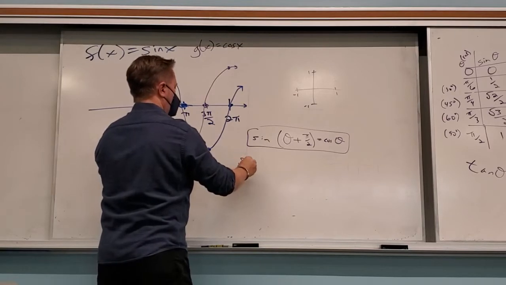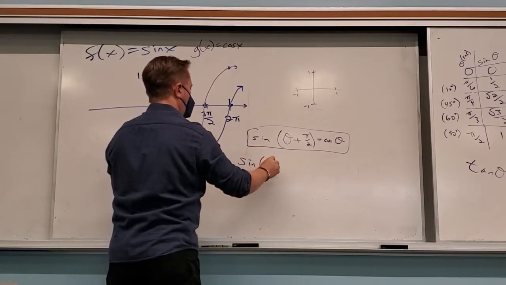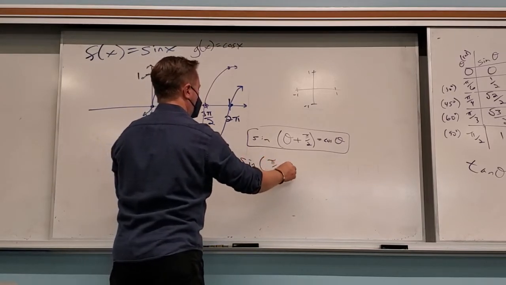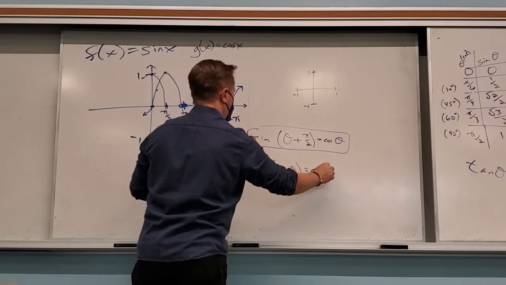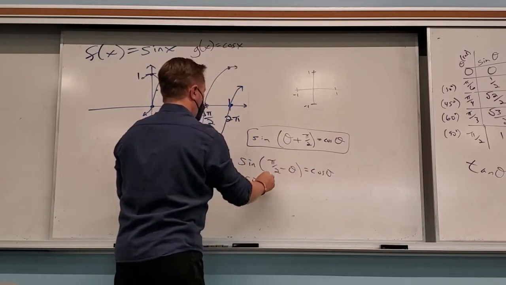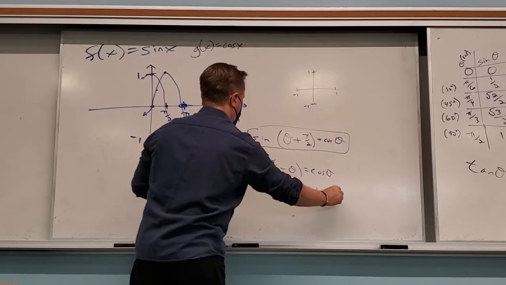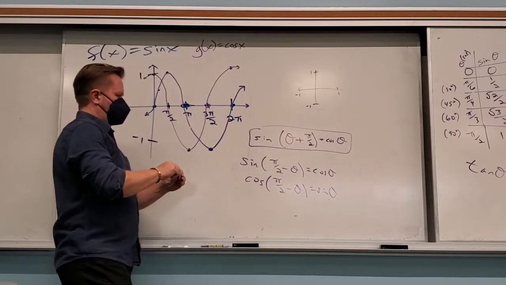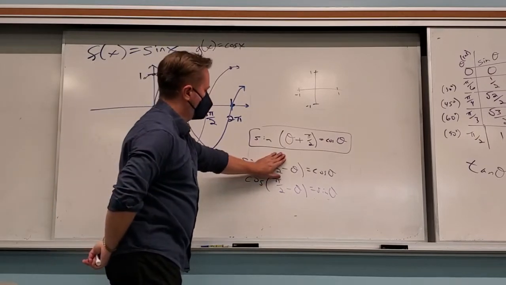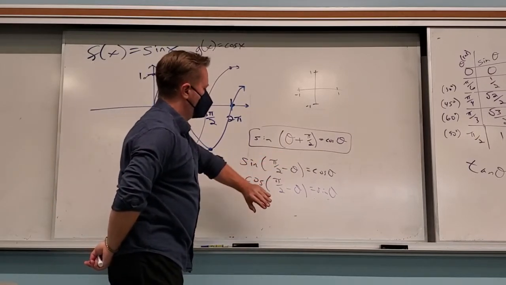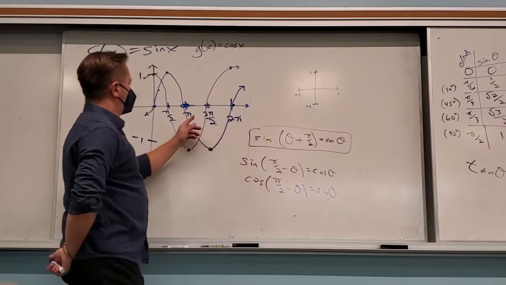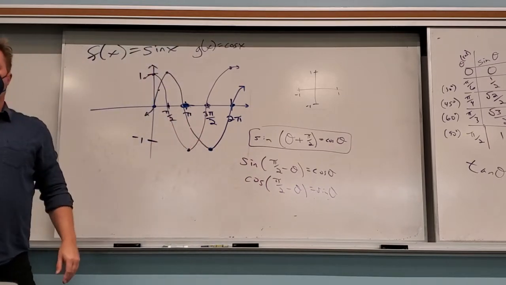Let's see if you guys are cool with this. Sine of pi over 2 minus theta is cosine theta. And cosine of pi over 2 minus theta is sine theta. So if I flip sine and then I move it pi over 2, it'll match up with the purple again.